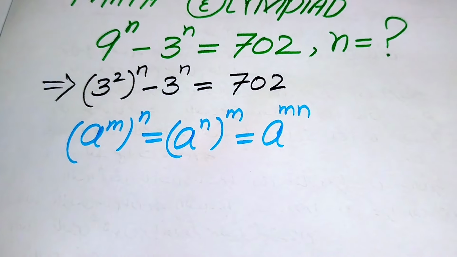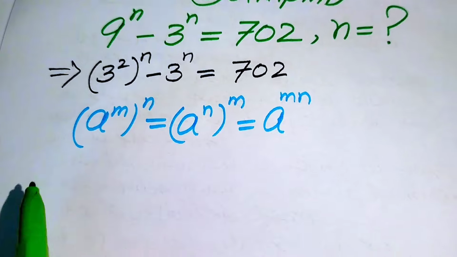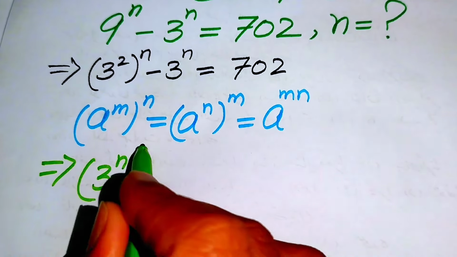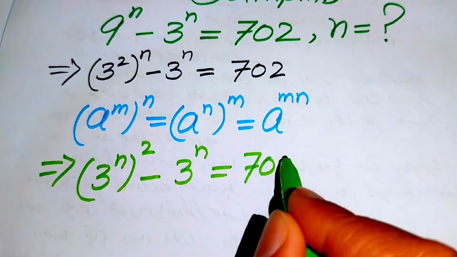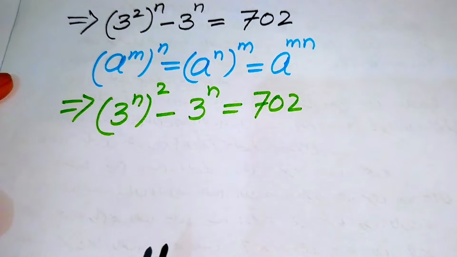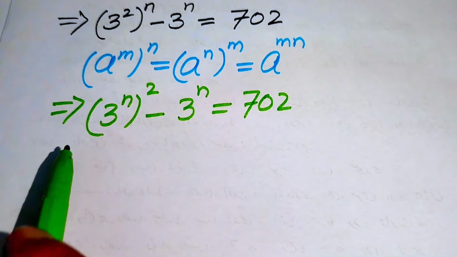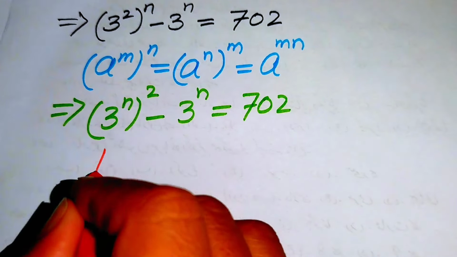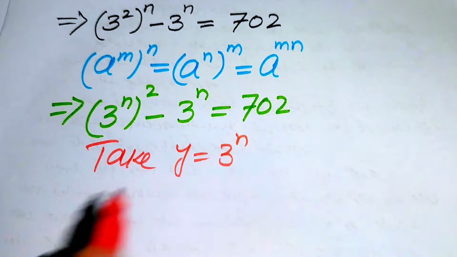So here we just interchange these two exponents, and we write this equation as 3 to the power of n, whole squared, minus 3 to the power of n equals 702. In the next step, we convert this exponential equation into quadratic form by taking y equals 3 to the power of n.